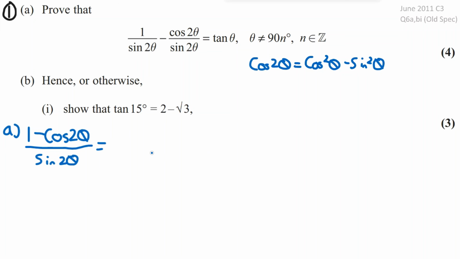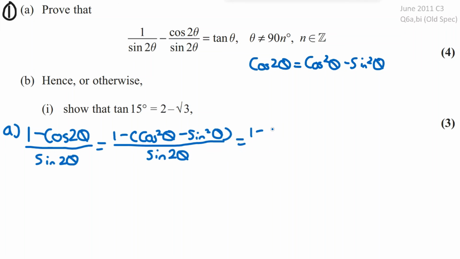And the reason is because, so let's rewrite this, it's going to be 1 minus, and then cos 2 theta is this, it's going to be 1 minus, remember the bracket here because we're minusing more than one term. If you don't do the bracket, you'll get it wrong. So this, and then this is over sin of 2 theta, and then expand the bracket, so it's going to become 1 minus cos squared theta, and then the minuses cancel out here, so this becomes plus sin squared theta, and this is over sin of 2 theta.